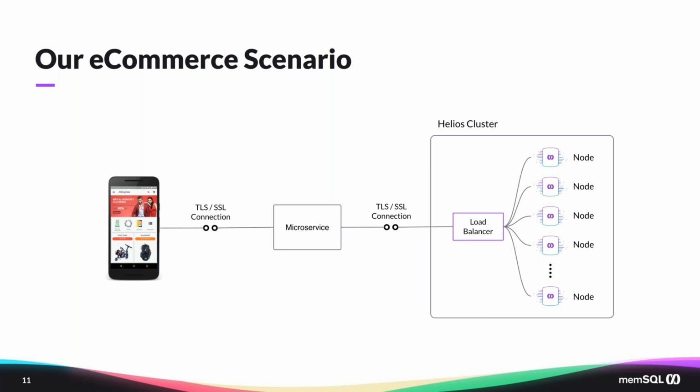Your queries will be broken down, compiled, and distributed to be processed by separate compute nodes by a load balancer, which will then combine your query results as they come back in and give them back to your microservice or application. Helios will meet the most demanding performance requirements for any e-commerce microservice.